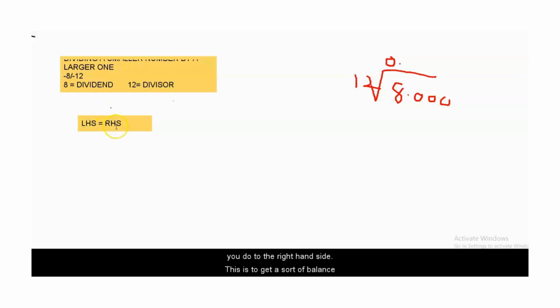This is to get a sort of balance in our calculations. In other words, if you want to add zeros to 8, you must do something on the quotient side. If you want to add a dot and these zeros, you must do something to the quotient side. So you must add a 0 and a dot on the overbar for you to add a dot and a 0 on the 8 side. So it's a kind of condition.